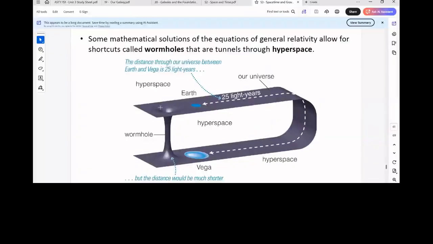That means you should be able to get from the upper part to the lower part in a shorter distance than what's required if you just moved along the surface of space-time itself. The proposed material in between the upper part and the lower part of space-time is called hyperspace.